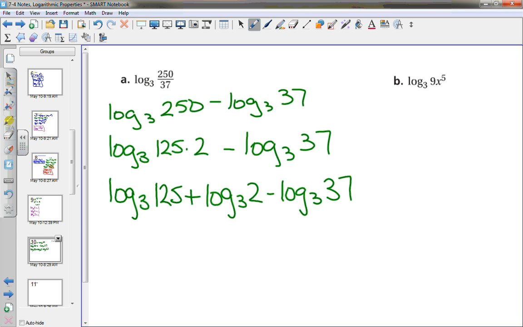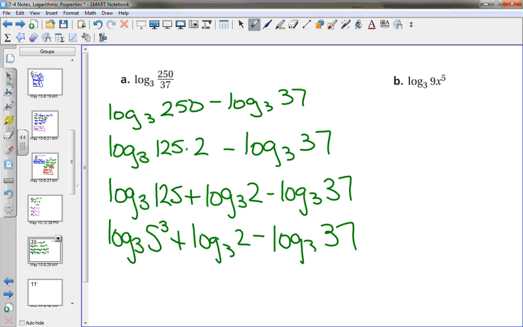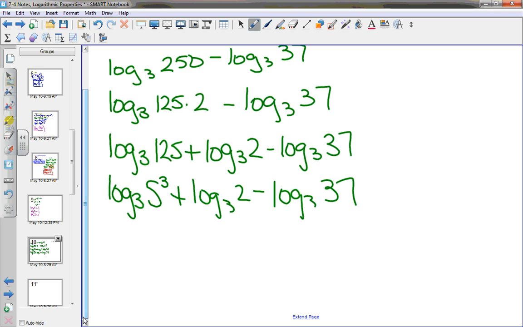You're absolutely correct. Which means I can write this as log base 3 of 5 cubed plus log base 3 of 2 minus log base 3 of 37. Now what do you see? You see a power. It's an exponent. So where does it have to go? Out in front.